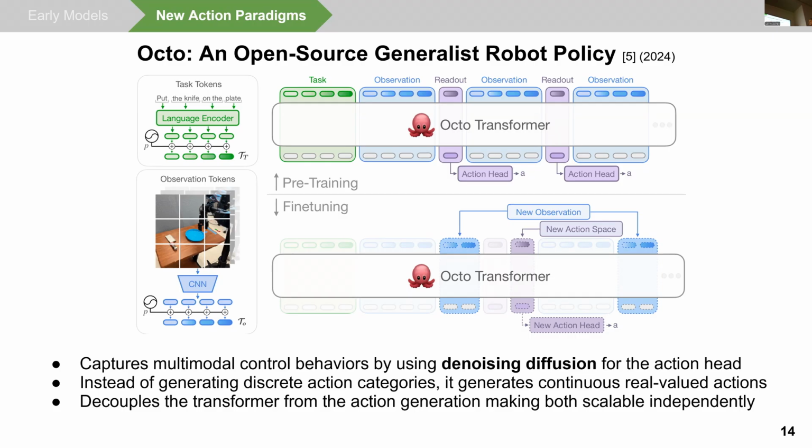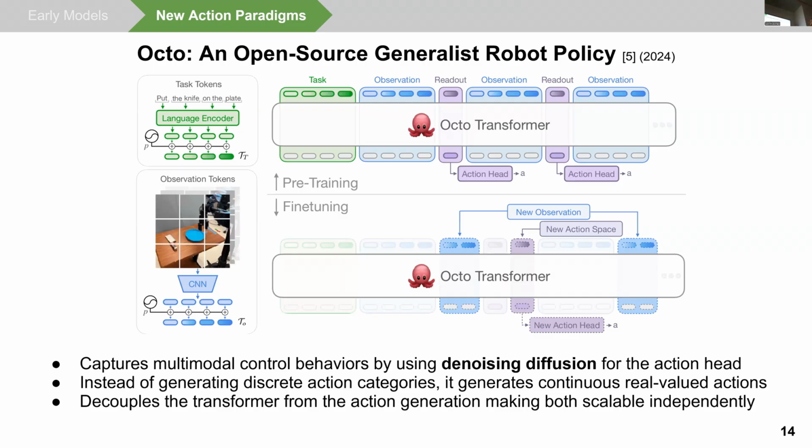And with denoising diffusion, they're able to capture multimodal distributions, and they're able to get continuous controls instead of having to discretize all the actions into discrete bins. So if you aren't that familiar with diffusion, the idea is that you train a model to go from noise down through a series of denoising steps to coherent action outputs.